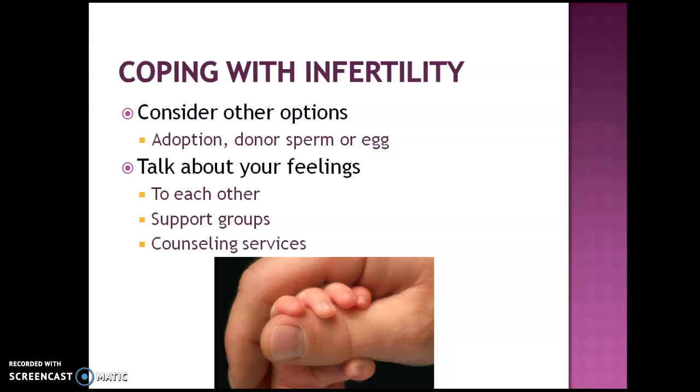You can talk to your relatives and supportive groups, which may help you get rid of these complicated thoughts and come out of the depression of not having a baby, and you can even adopt a baby.